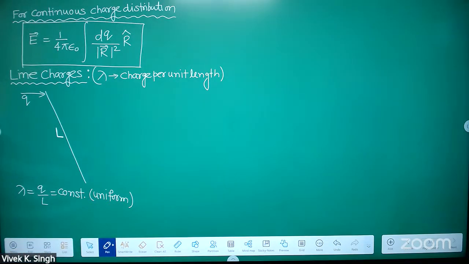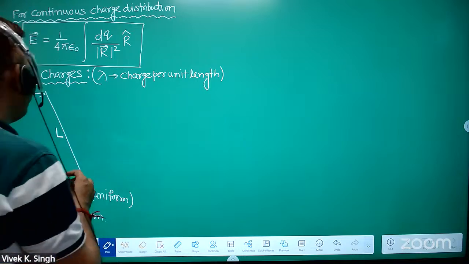This is uniform line charge. If lambda is not constant, it is varying with the distance, then we will say that it has non-uniform charge distribution.